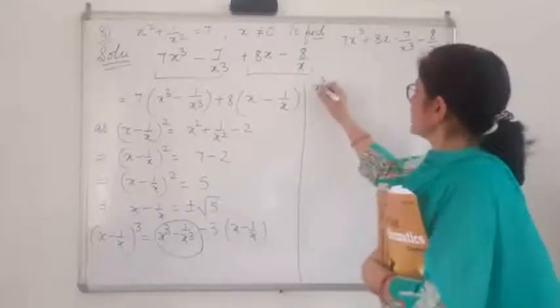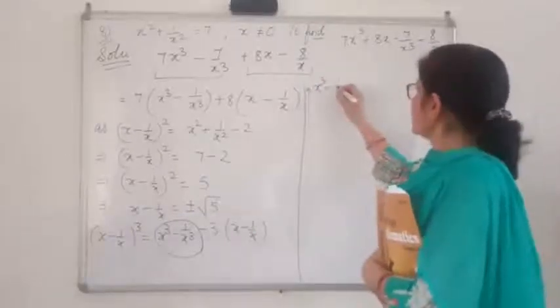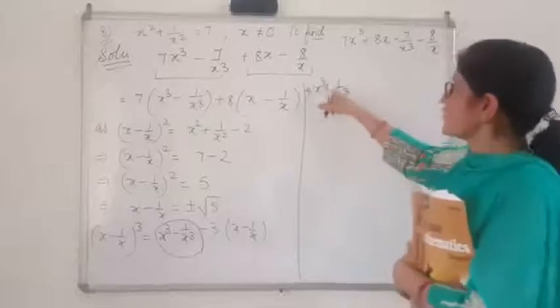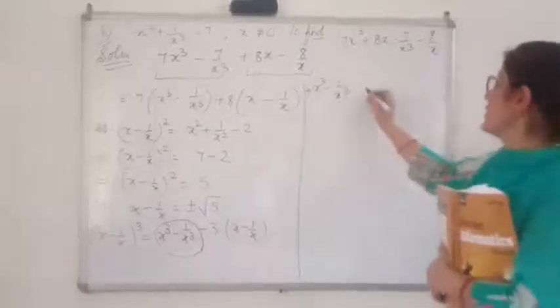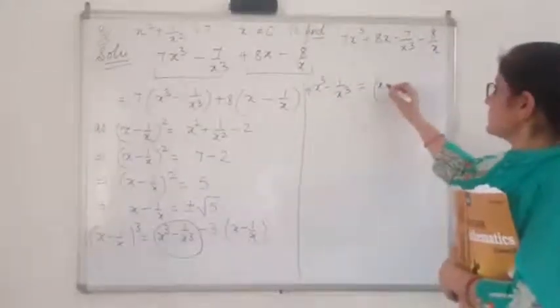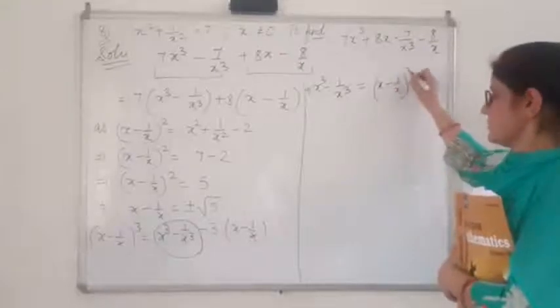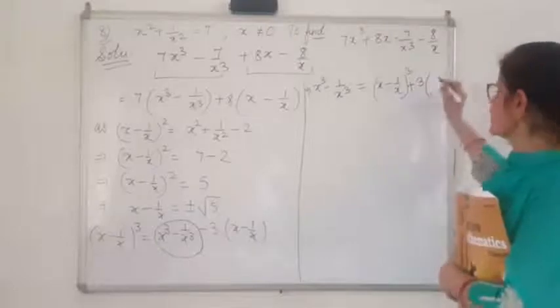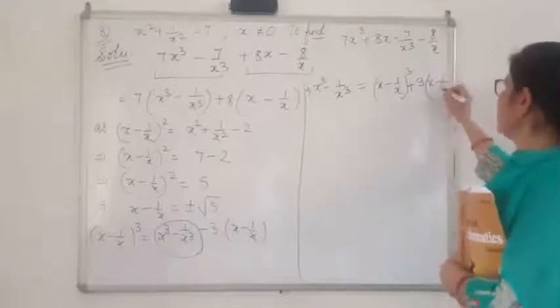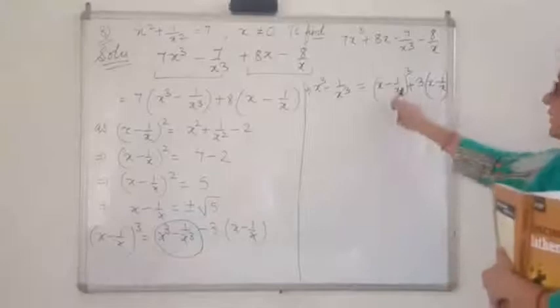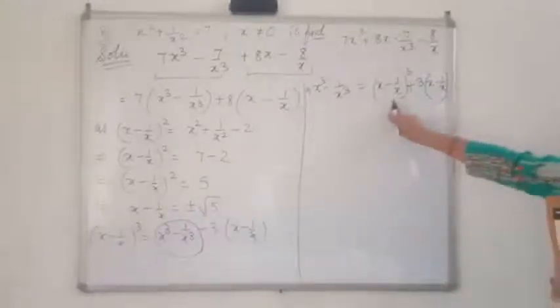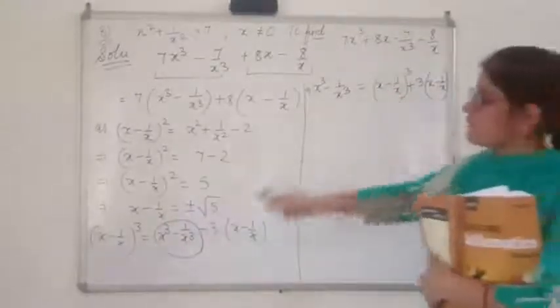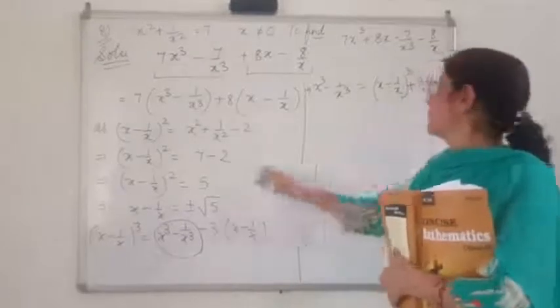So x cube minus 1 upon x cube is equal to (x minus 1 upon x) cube minus 3 will change into plus, (x minus 1 upon x). So for the value of x minus 1 upon x, what will we substitute? Plus minus root 5.